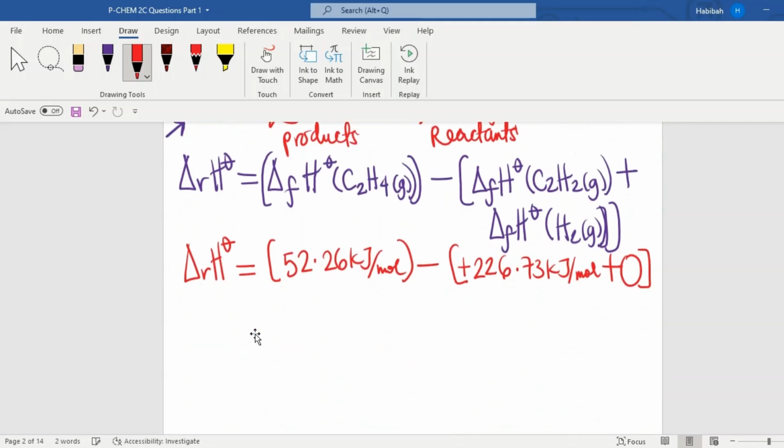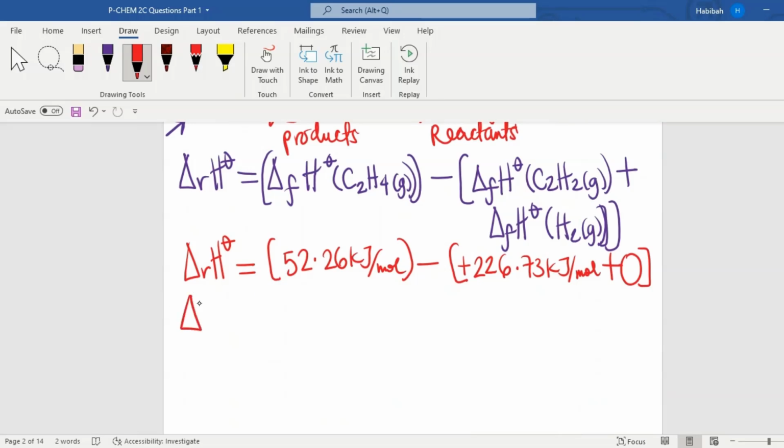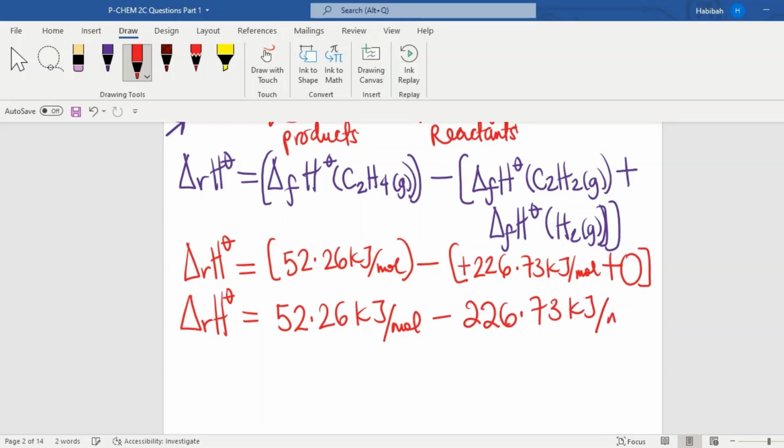So that's basically it. The change in enthalpy of reaction becomes 52.26 kilojoule per mole minus 226.73 kilojoule per mole.